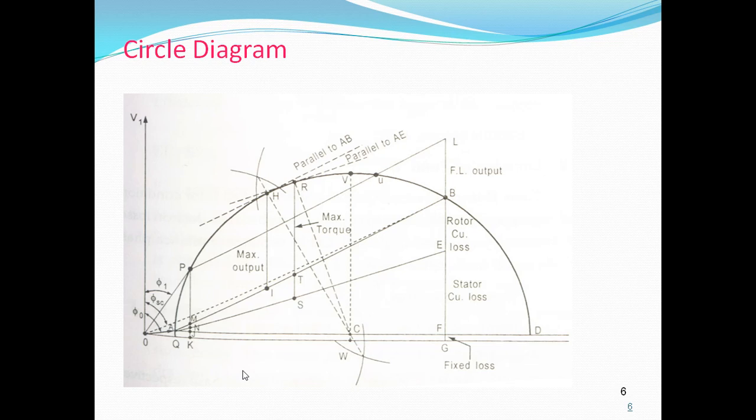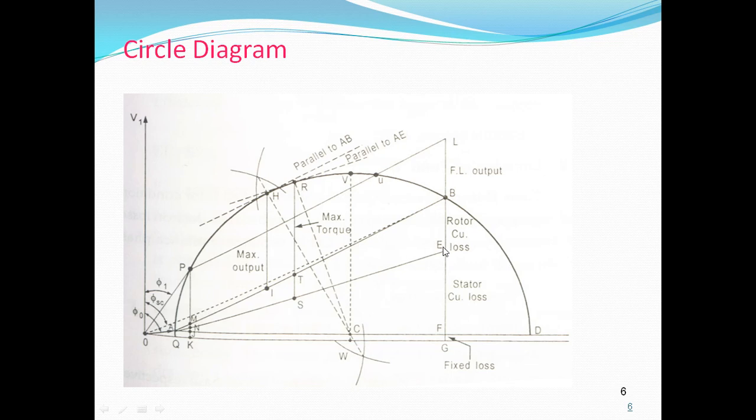The vertical distance BG represents the input power under blocked rotor conditions. In that, BF shows the rotor copper losses, EF shows the stator copper losses, and FG shows the fixed losses.